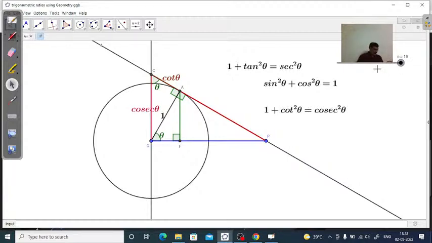This is the way in which you can easily remember these three trigonometric identities. By using the idea of similar triangles, you can prove these things very easily and quickly. But we are not going for all those proofs. Just we are remembering the results, right? For a quick understanding of the results, it is very much helpful.